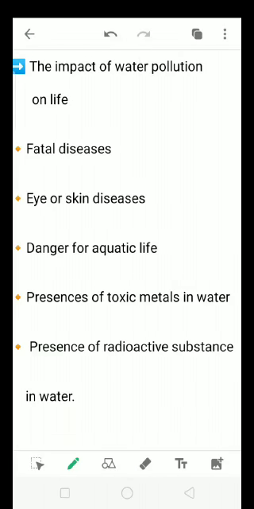So what is the impact of water pollution on our life? As a result of water pollution, we are having fatal diseases like hepatitis, cholera, and typhoid. We are also having eye or skin diseases.